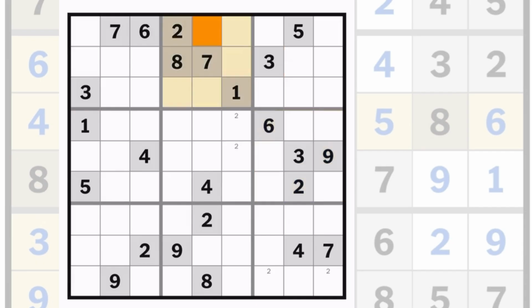These are the two cells where number 3 is a likely candidate, and these are the two cells where number 3 is a likely candidate. And we will go to number 4. Number 4 is a number where this is a cell where number 4 is unique, so we post it. And these are the two cells where number 4 is a likely candidate.